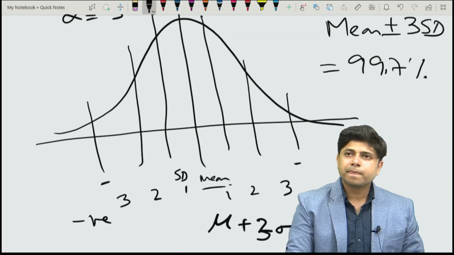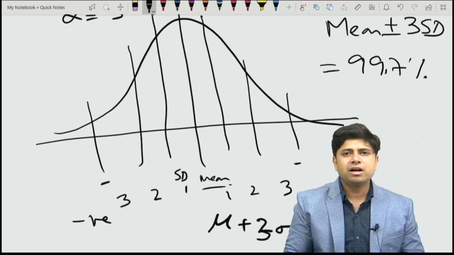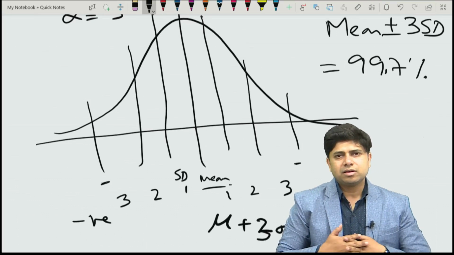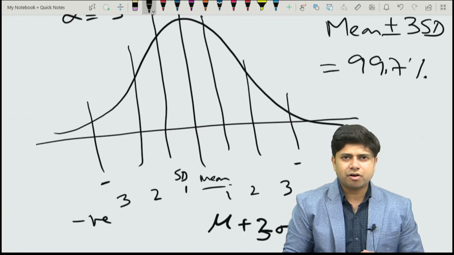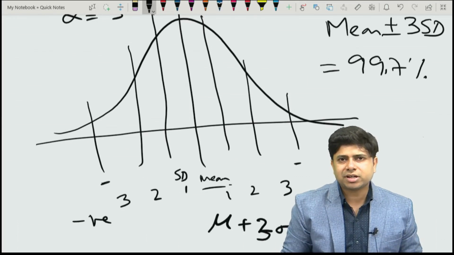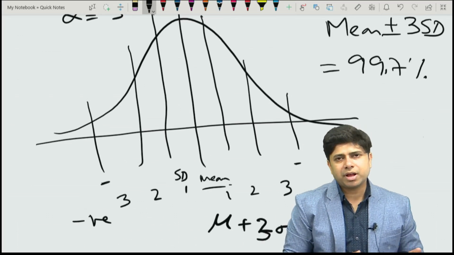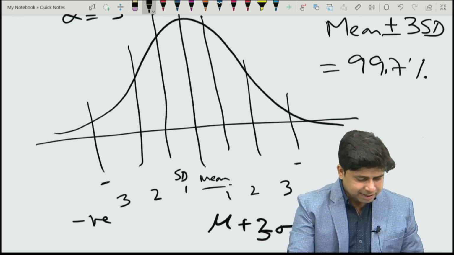It was 99.7%. It covers almost all the data. So 3 standard deviations. If the data are distributed and follow the normal distribution curve or the Gaussian distribution, then 99.7% of the data are covered by the mean plus minus 3 standard deviations. That's a fact, that's the rule. So that is the answer.